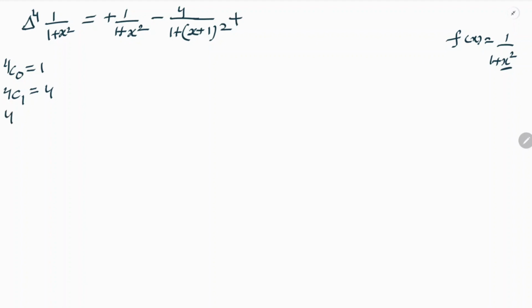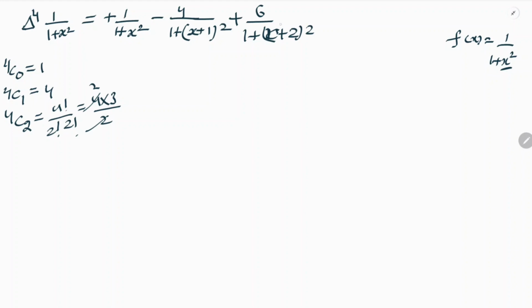Then we calculate 4C2. This will give us 4 factorial over 2 factorial, 2 factorial. That will be 4 into 3 upon 2. That will be 6. 6 upon 1 plus x plus 2 square. Then negative sign.